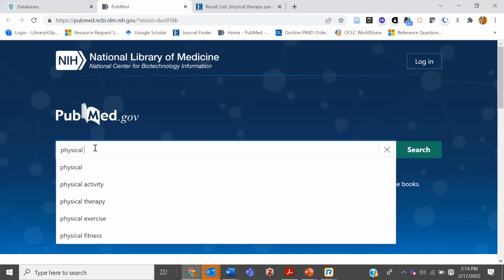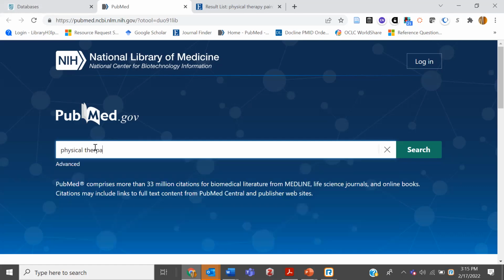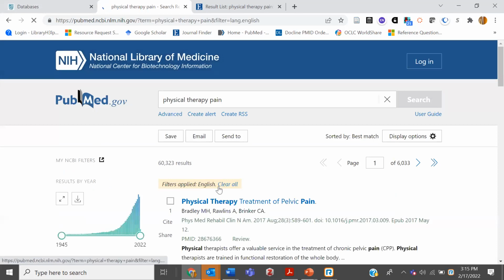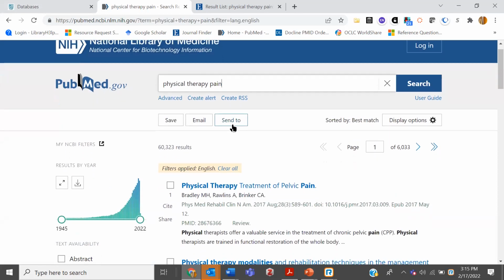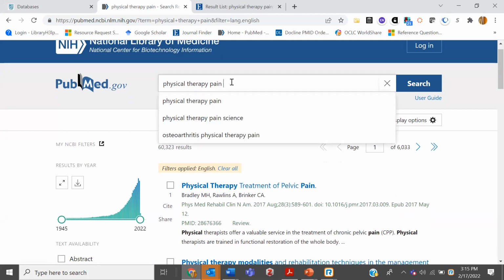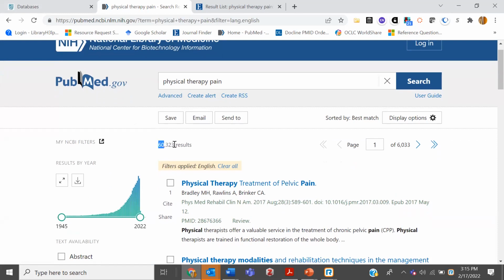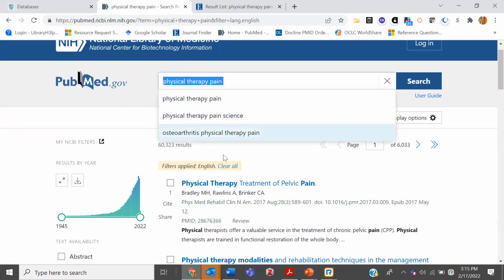So let's just say I go in and do the same search I did in Search USA, physical therapy and pain, which is quite a vague search, right? I could certainly focus that to low back pain or something, but you can see I'm only getting some 60,000 results, even with a very, very vague set of keywords here.